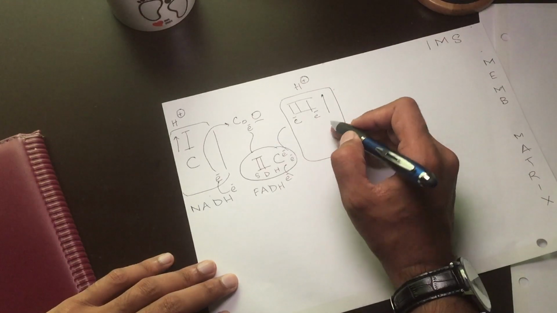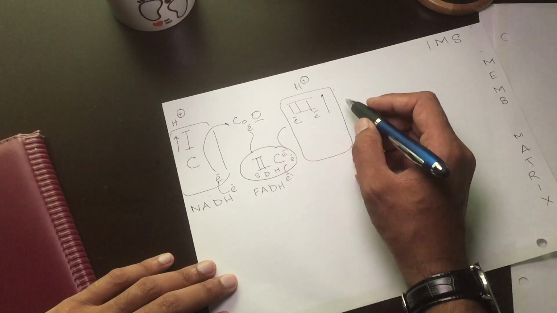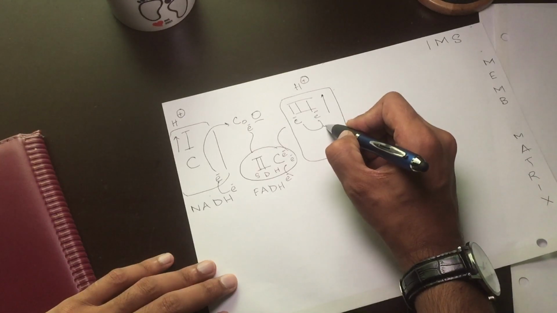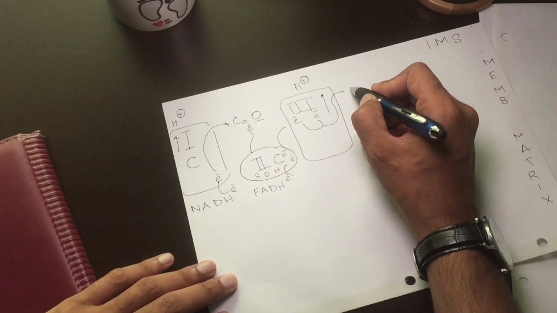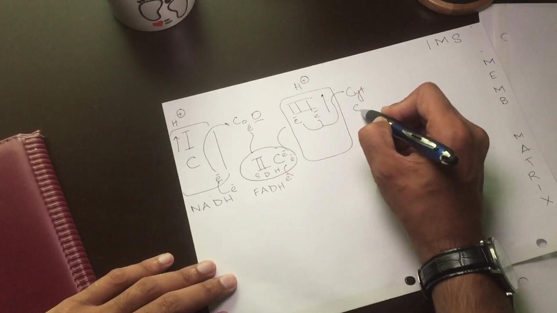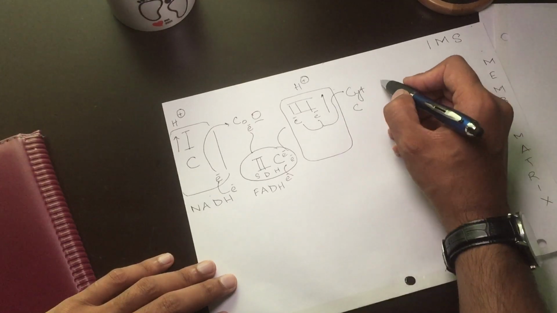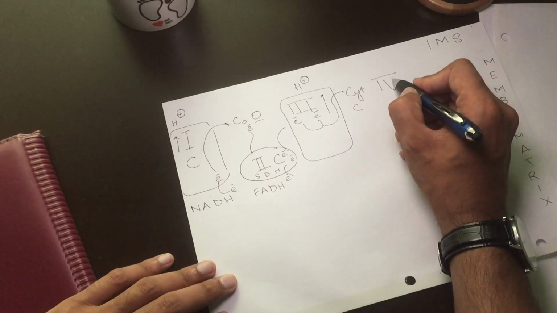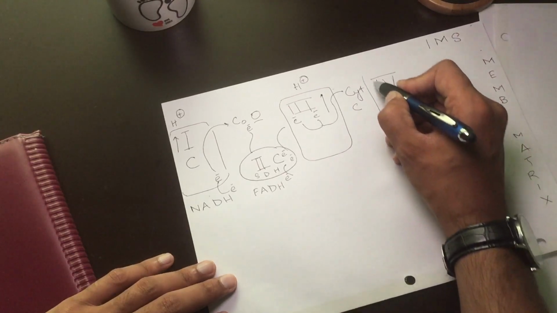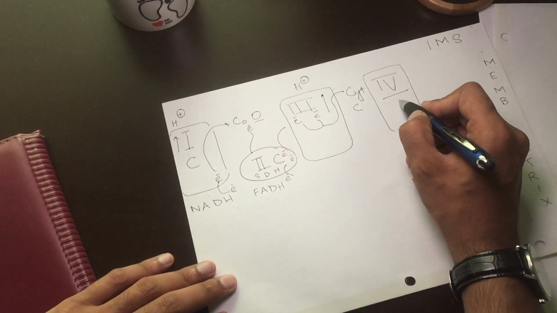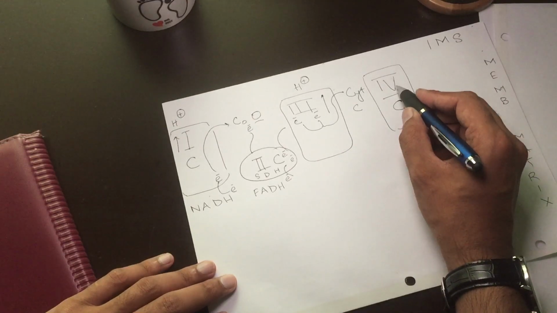After moving to complex 3, both of these electrons pass through cytochrome C, and cytochrome C gives these electrons to another complex known as complex 4.